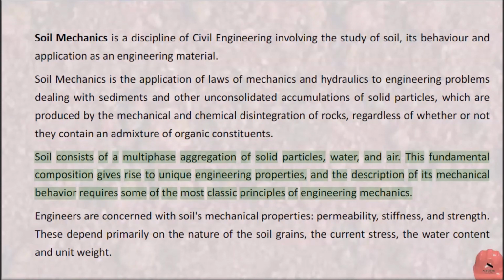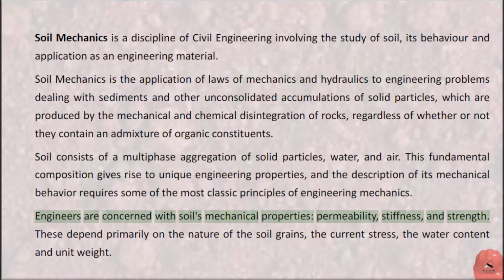Soil consists of a multi-phase aggregation of solid particles, water, and air. This fundamental composition gives rise to unique engineering properties, and the description of its mechanical behavior requires some of the most classic principles of engineering mechanics.